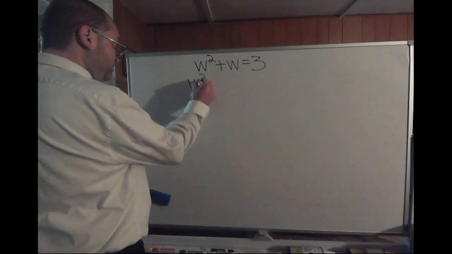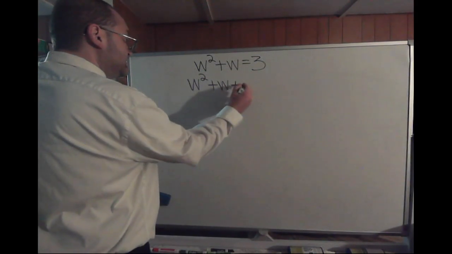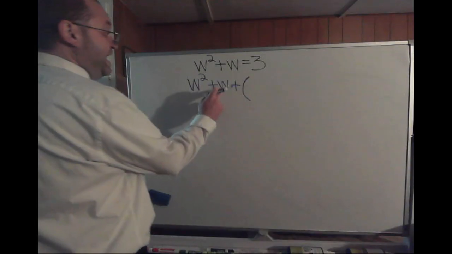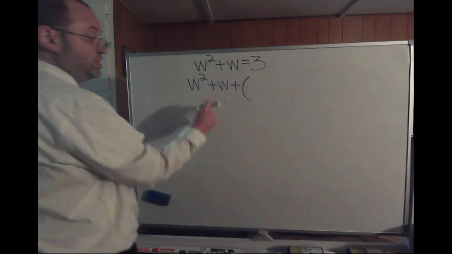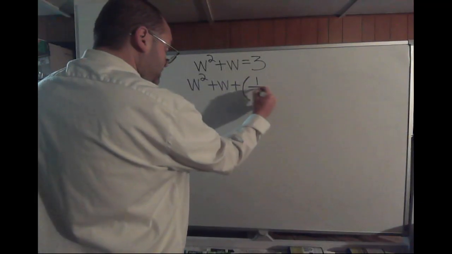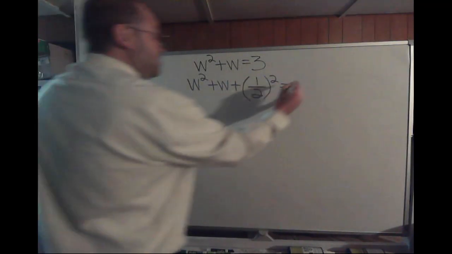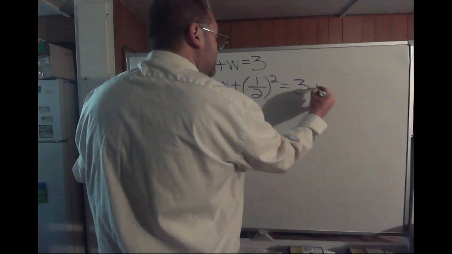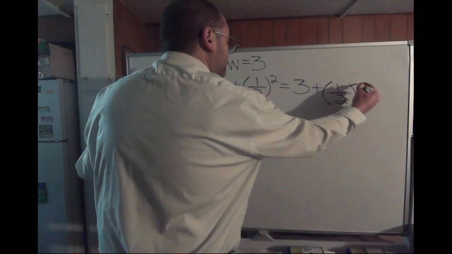We'll take our w squared plus w plus, now we have to take half of that 1 on the w, half of that 1 coefficient, which would be 1/2, and raise that to the second power. That's going to be equal to 3 plus your 1/2 to the second power.